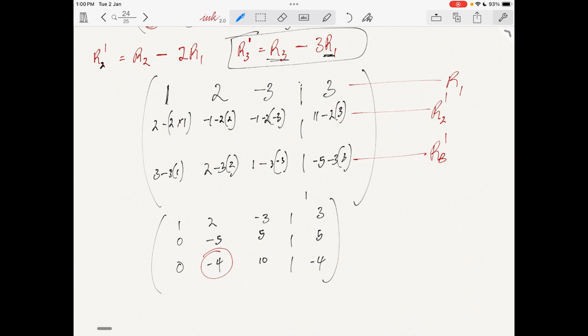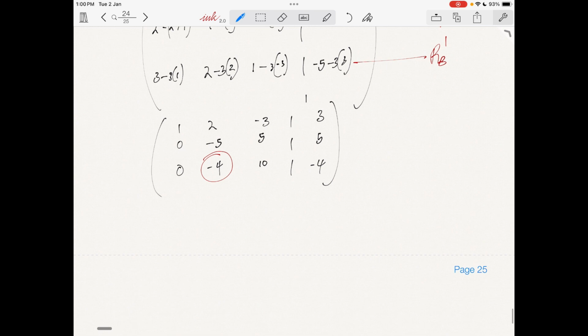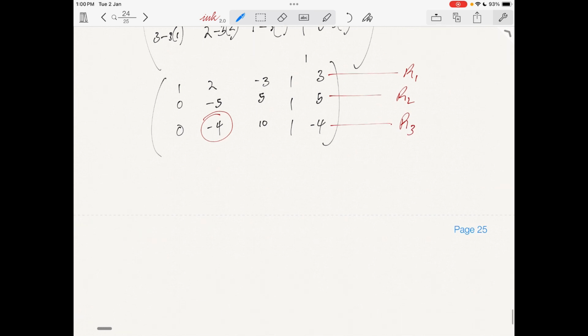Now, how do we change minus 4 to 0? By performing operations with row 2. So we can call this row 1, this row 2, and this row 3. To change this one to 0, we perform an operation between row 3 and row 2.